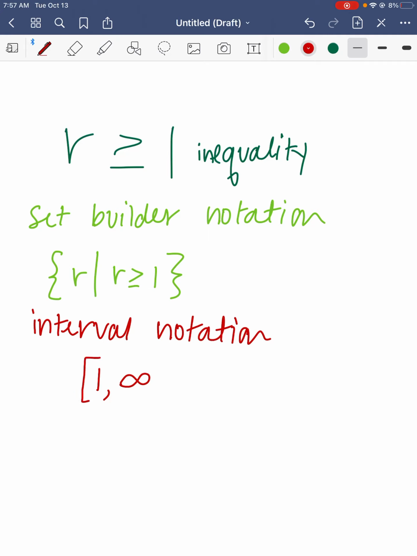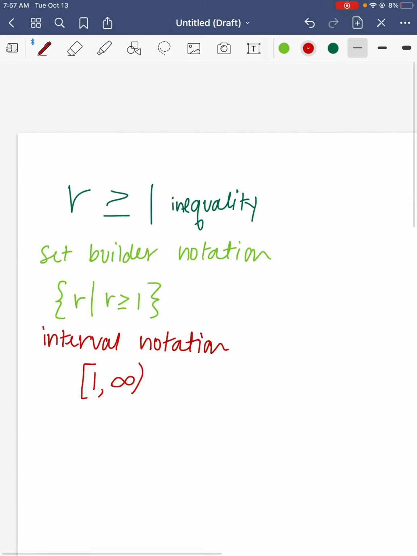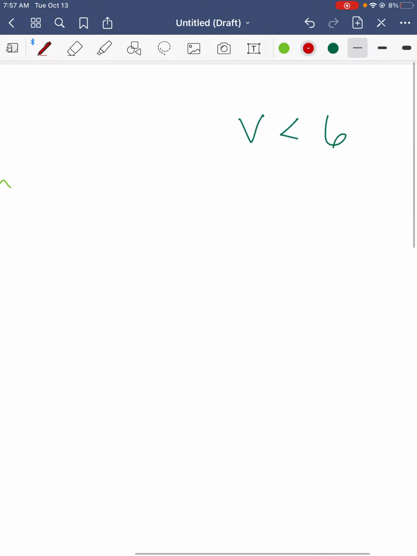So we'll put a bracket over 1, and because infinity is not a number, it just represents the direction that we're going, we can't technically include infinity, because we can never say, well, the number r is equal to infinity, because that's not a number. So we'll always use parentheses with infinity. Okay, so there's your set builder notation, interval notation for that one.